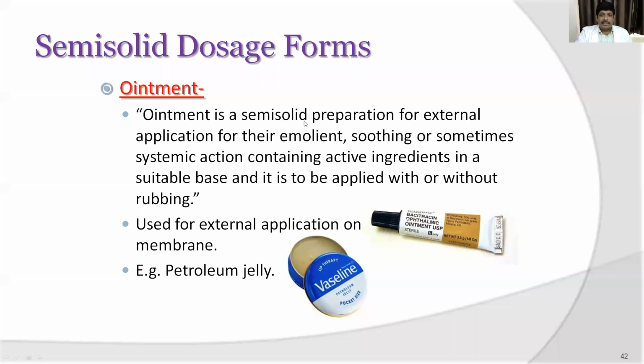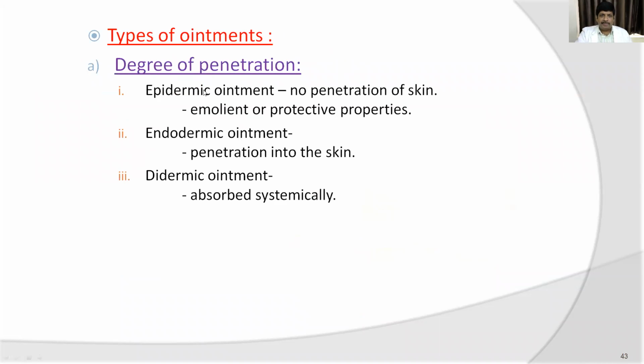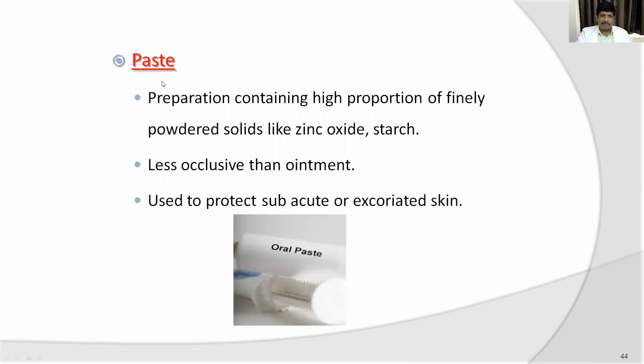An ointment, cream, or paste is a semi-solid preparation for external application, for emollient, soothing, and sometimes systemic action, containing the active ingredient in a suitable base and applied with or without rubbing. Types of ointment can be epidermic, endodermic, and diadermic, not of much use.